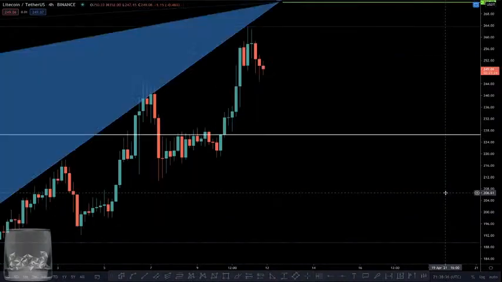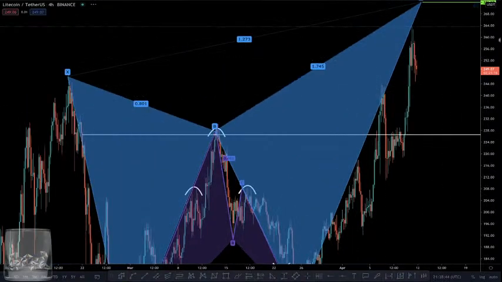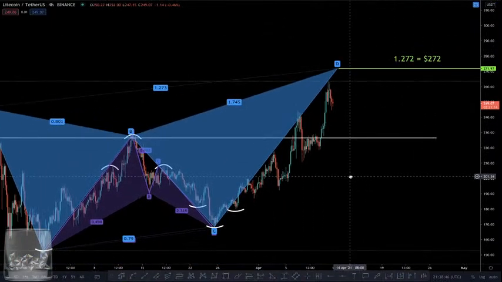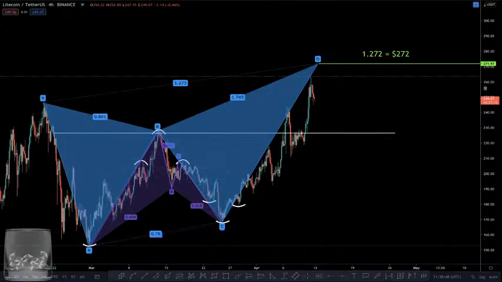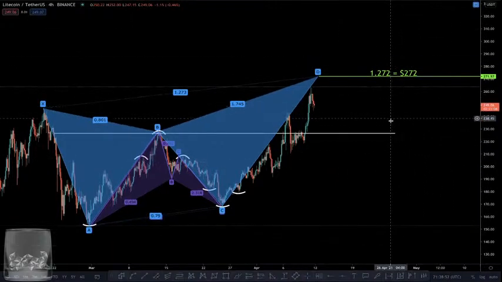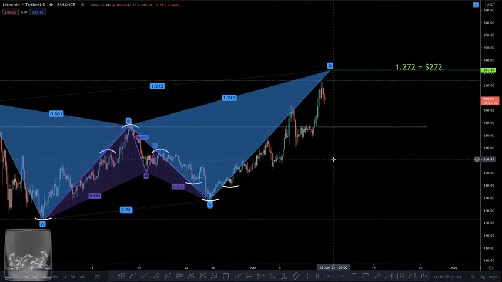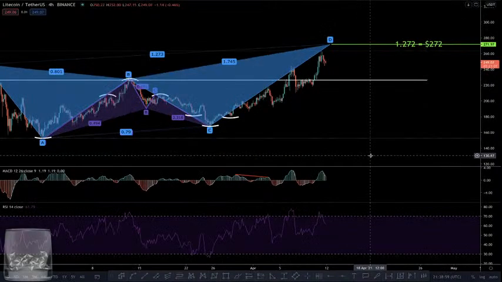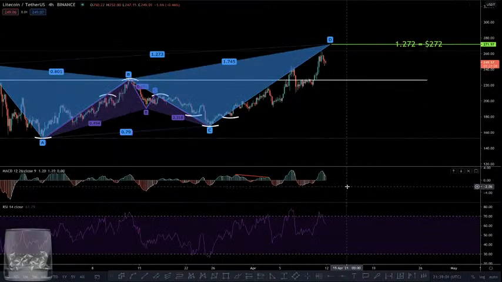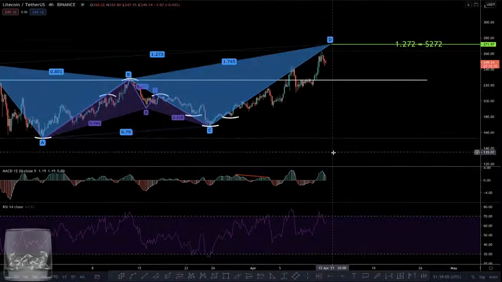What do we have here? Litecoin. Okay, Litecoin is going for that 1272 at 272. Remember, we're at 250 right now, and I bet you this is painting... Yeah, it's just more bullish convergence.